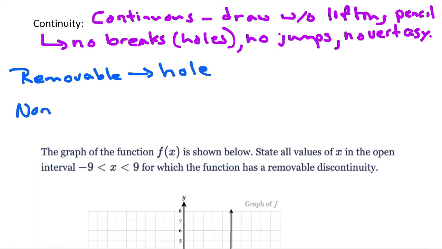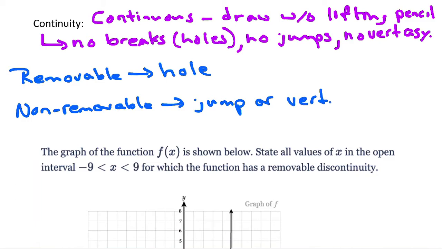Non-removable is either a jump or a vertical asymptote. Okay, so it's either a jump or a vertical asymptote.